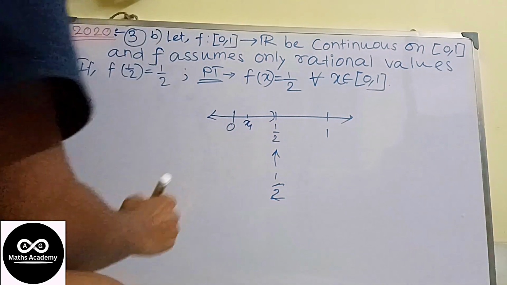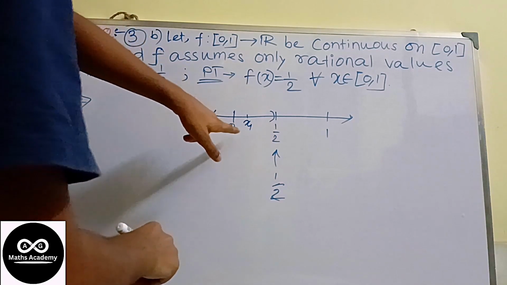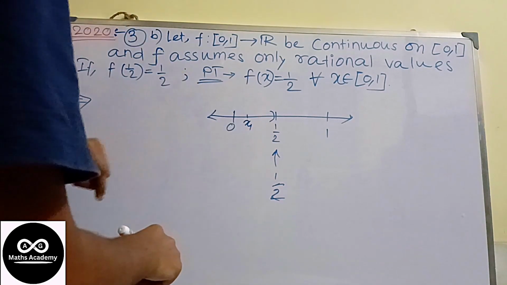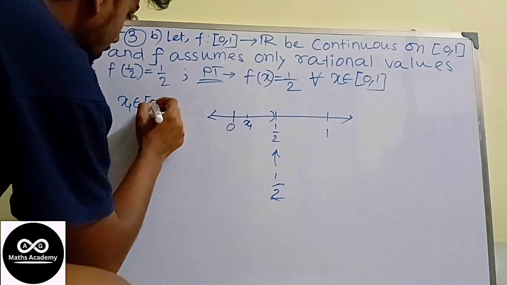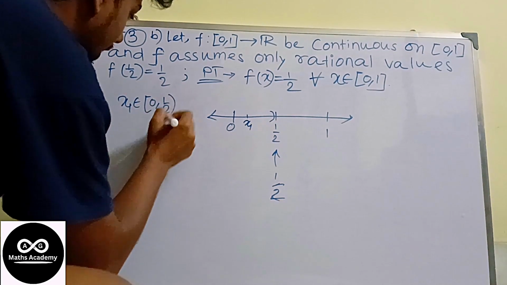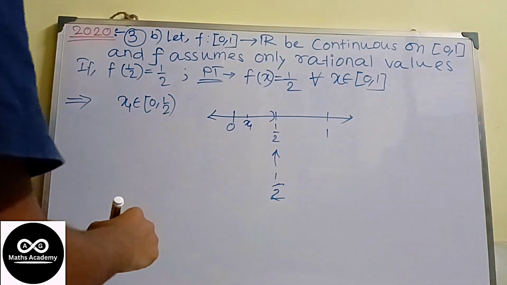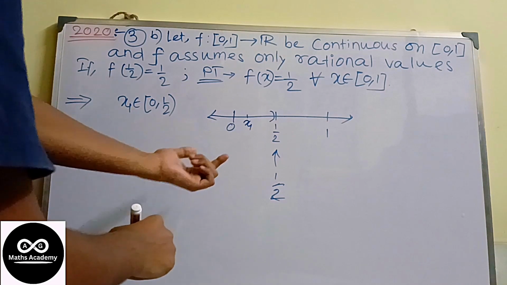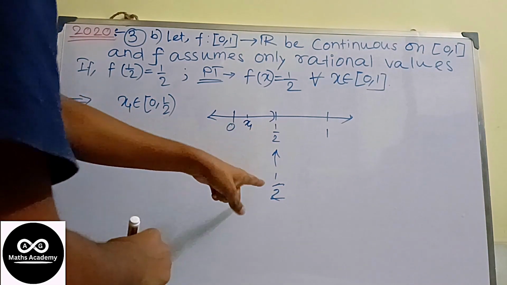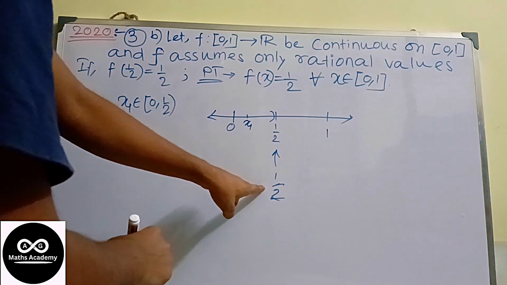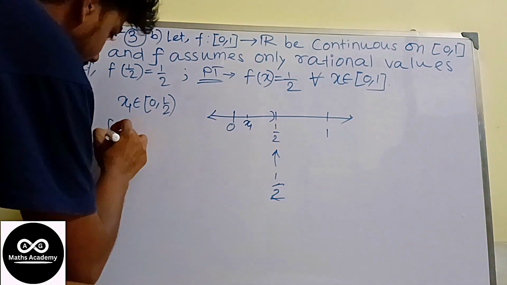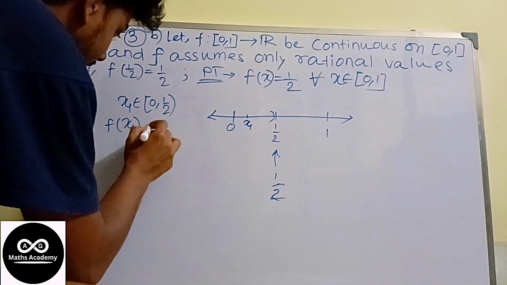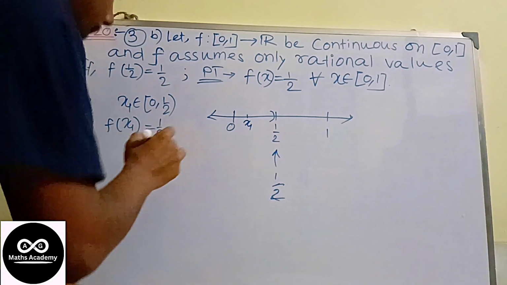We take x1 from closed 0 to half, and we're going to show that f of x1 is equal to half.